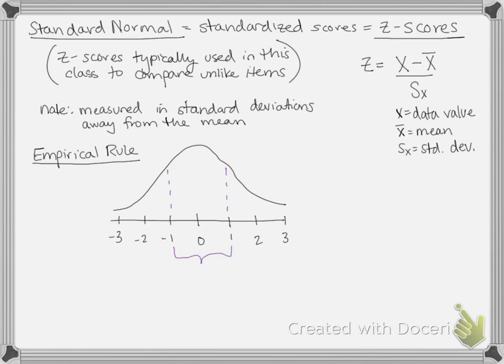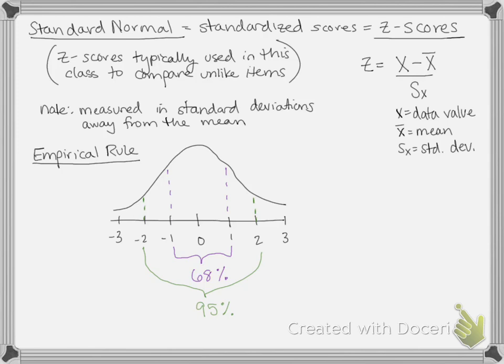So if I look just between -1 and +1 standard deviations away from the mean, then that contains exactly 68% of my data. And now if I jump out and I say go to -2, right? And +2, and I bring this out a little bit further, then in between -2 and +2 standard deviations away from the mean, that's 95% of my data.